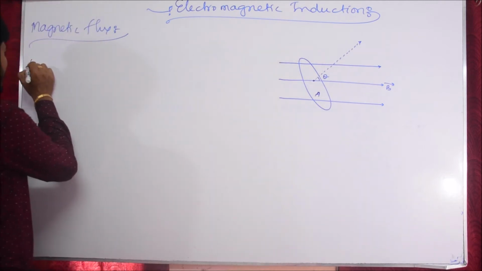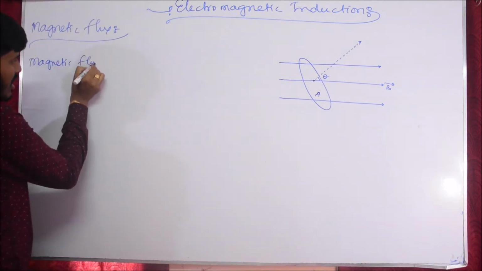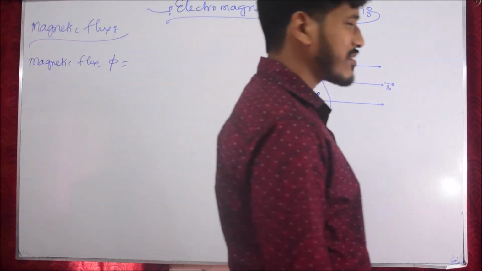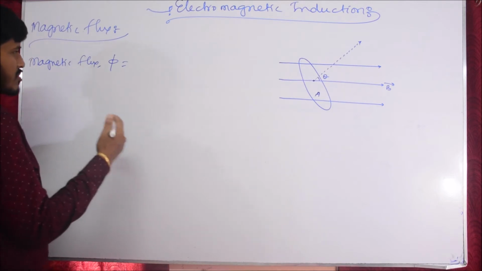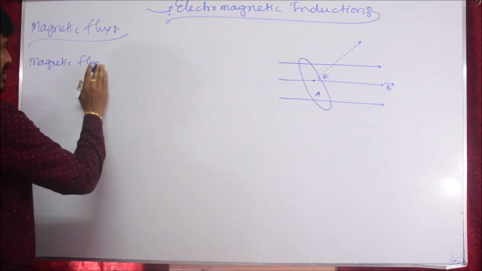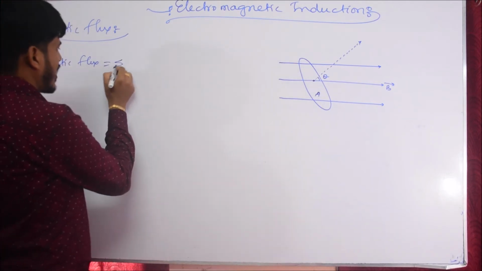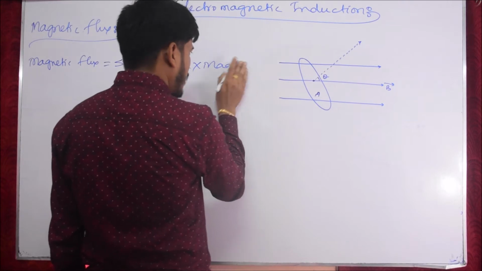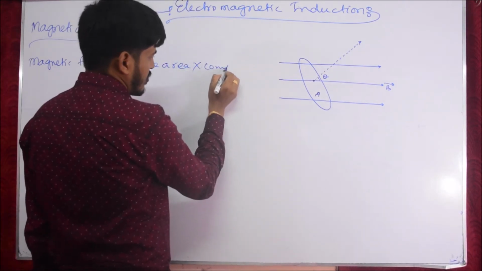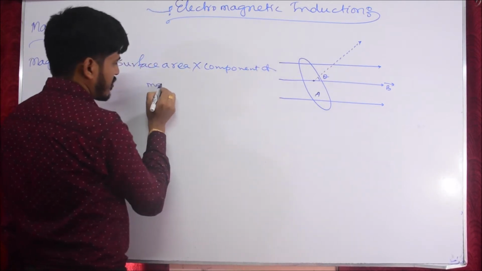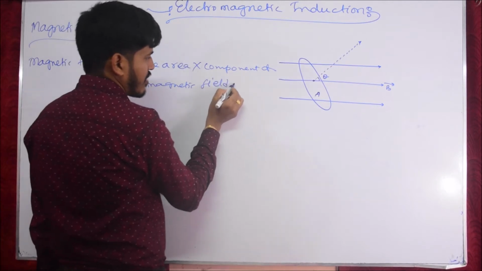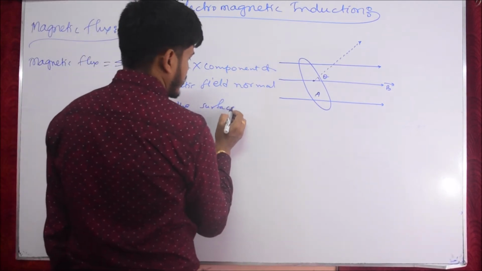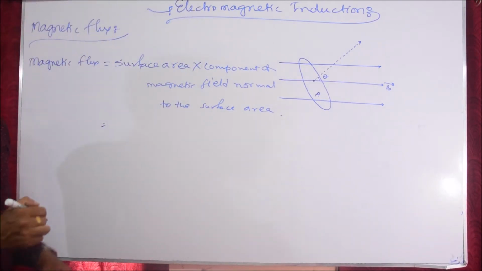Then magnetic flux phi, phi m, sometimes written like that, magnetic flux is equal to surface area into component of magnetic field normal to the surface area. This is your definition of magnetic flux.